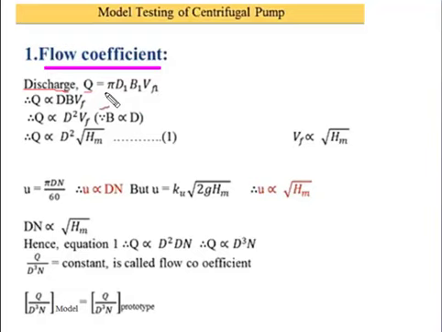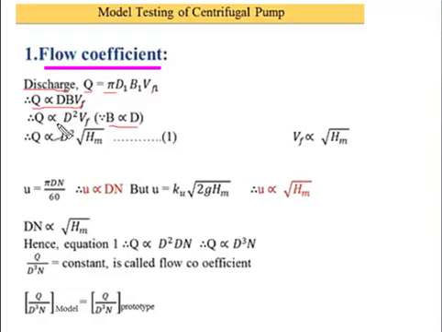In this equation, pi is the constant, so now we are eliminating the constant, so we get Q is directly proportional to d b vf. In this we also know that the width of the impeller depends on the diameter of the impeller.